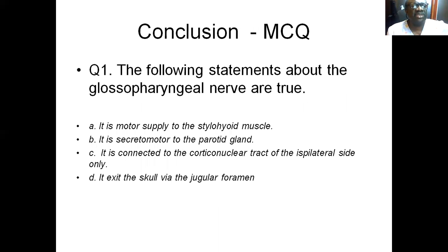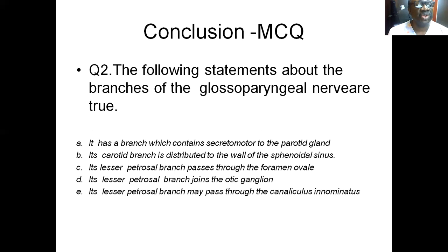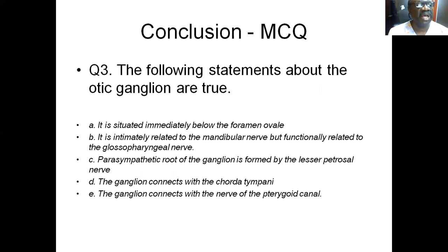Now, these are some multiple choice questions, and I hope that they will help you. This one relates to the glossopharyngeal nerve, and they are true or false. We don't ask true or false questions anymore. This one also is true or false, and it relates to the glossopharyngeal nerve.